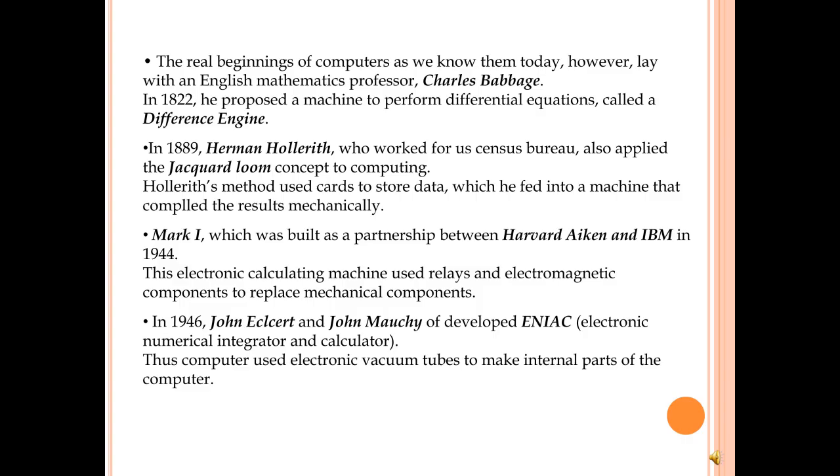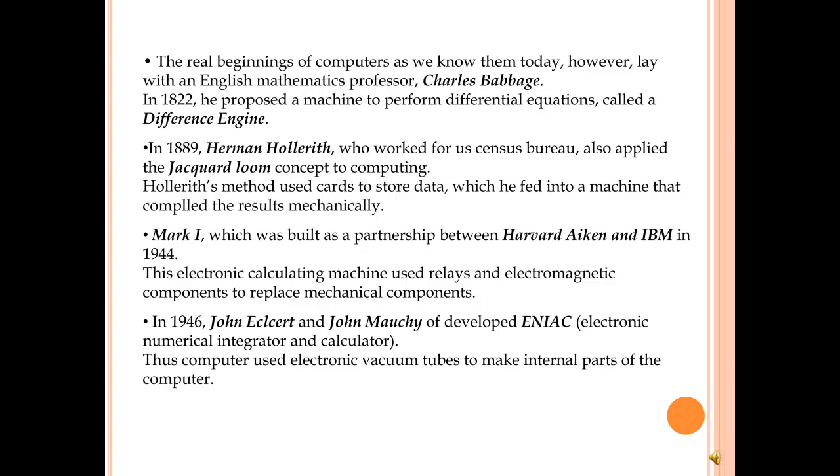After that, in 1889, Herman Hollerith, who worked for the US Census Bureau, also applied the Jacquard loom concept to computing. Hollerith's method used cards to store data, which he fed into a machine that compiled the results mechanically.